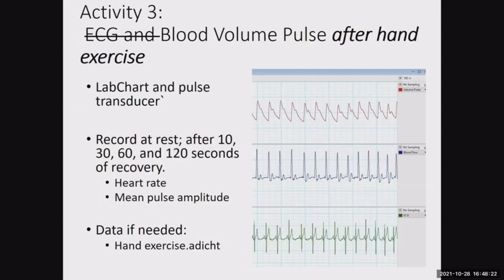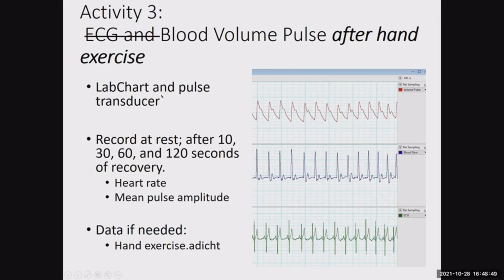The third activity is the ECG and blood volume pulse after hand exercise. We're actually going to be doing it before and after hand exercise, and we're not going to be focusing on the ECG with this activity, so you can take the ECG electrodes off but keep using the pulse transducer. You're going to start out using the system and taking some measurements at rest.